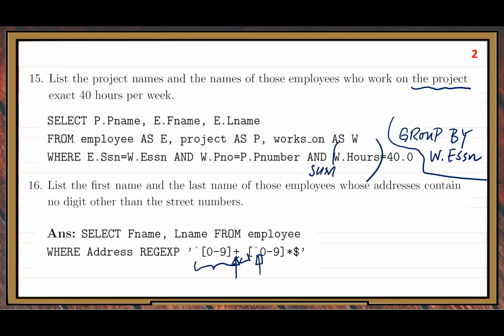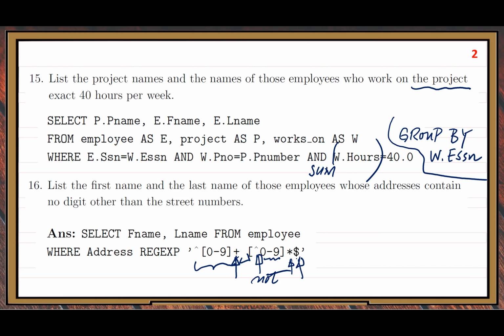Inside that bracket, excluding the digit, not digit. That one character is repeated zero or more times, that star, until you reach the end of the string, that dollar sign.